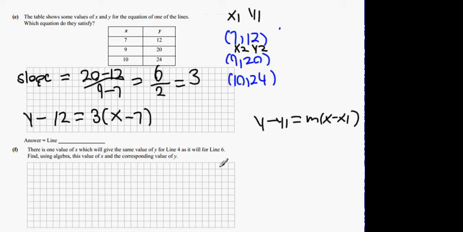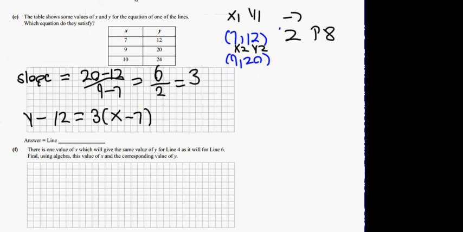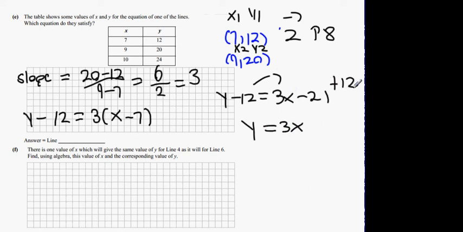Yes, James? Would it not have to have a negative slope? Now lads, what happens next is we're going to multiply this out, and what we're going to get is y minus 12 equals 3x minus 21. Get y on its own. y is going to equal 3x. What's 21 plus 12?